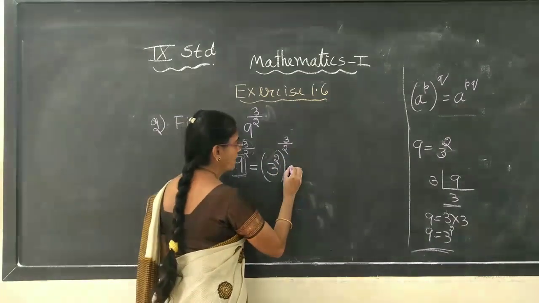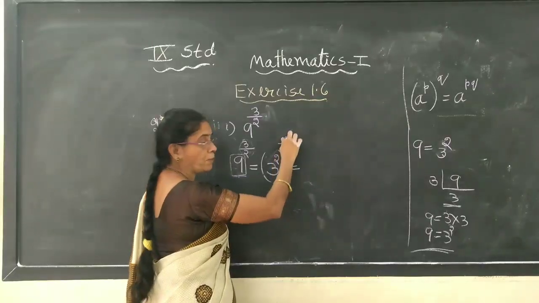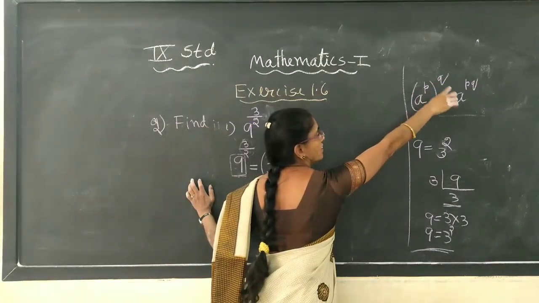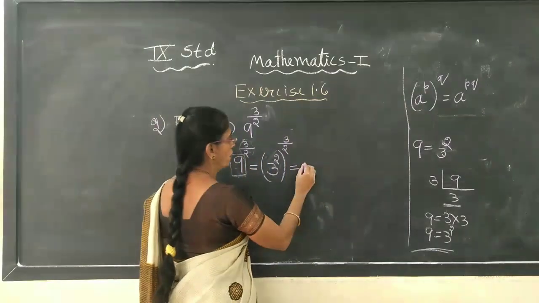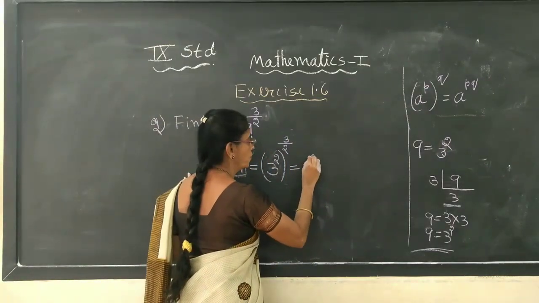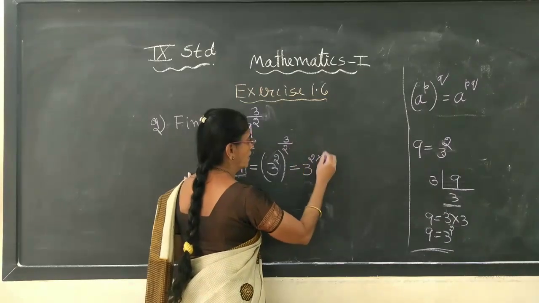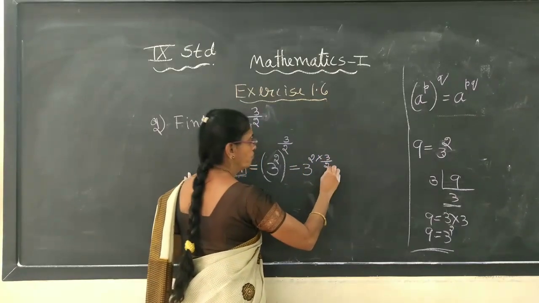Now we will apply the rule. It is power of a power, then it is P into Q. It is P, it is Q. So it is P into Q, 3 to the power of 2 into 3 by 2.